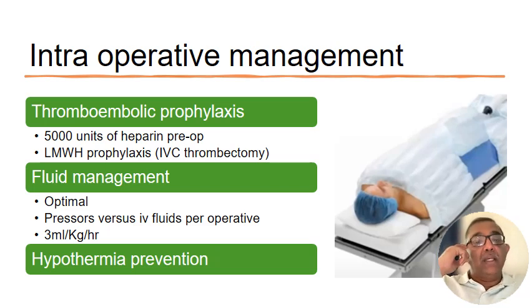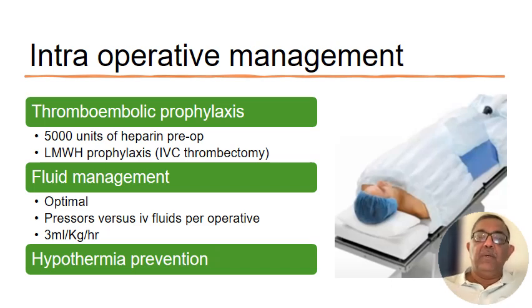Fluid management should be optimal. We know that patients who've got kidney cancer are at very high risk of developing AKI and subsequent CKD as well. So the fluid management should be really optimal. One anesthetist should use pressors versus crystalloids because they can cause bowel edema and third spacing, which would make the patient dry in the first 3 days, and then they would be in the diuretic phase, which is really not an ideal situation.